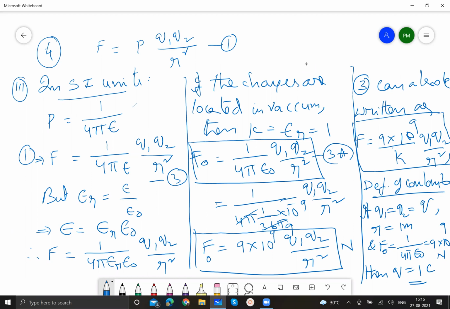I repeat once again, the point electric charge which repels a similar charge situated in vacuum at a distance of 1 meter from it with a force of 9 into 10 to the power of 9 newtons is called 1 coulomb. This method is adapted. We consider boundary or limiting conditions in a given law or statement to define the unknown quantity. This is a general method we adapt. Yeah, please take it.